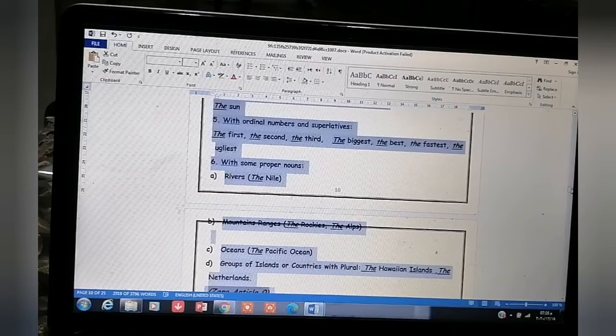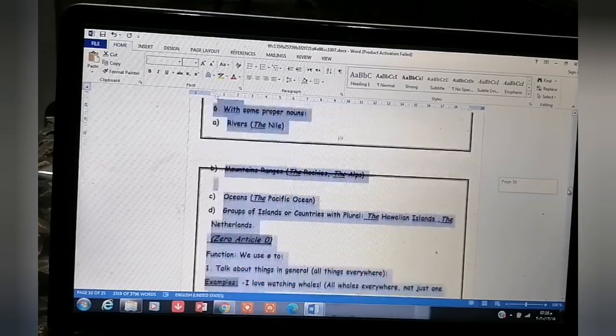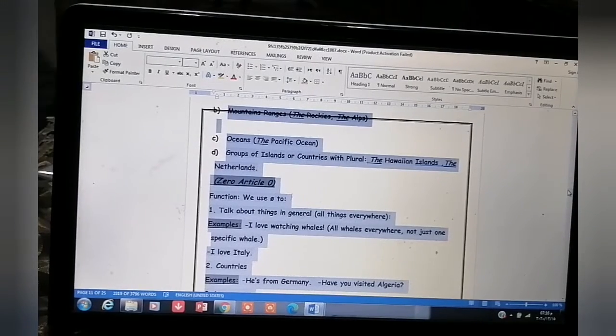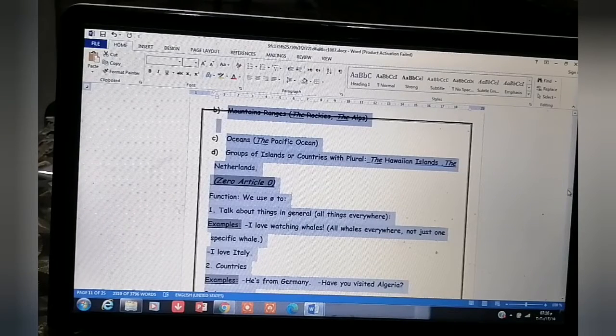Okay, number 6, with some proper nouns. Okay, number 8, with rivers, the Nile, with mountain ranges like the Rockies or the Alps. With oceans, the Pacific Ocean. With groups of islands or countries with plural names, the Hawaiian Islands, the Netherlands. Okay, it's not very clear for me.